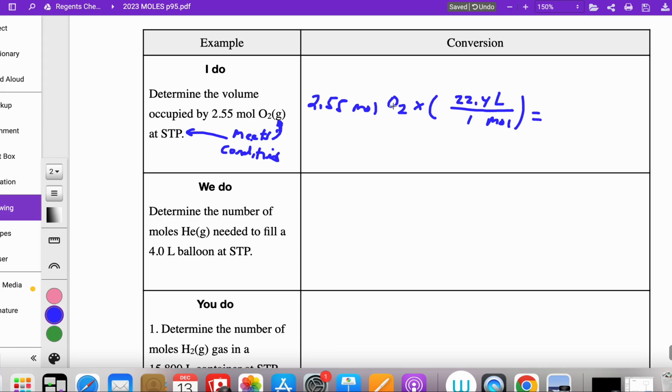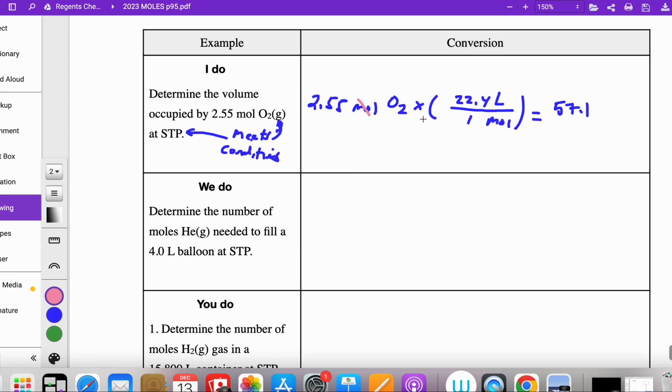When I put this in the calculator, 2.55 times 22.4 divided by 1, my calculated answer will be 57.1.